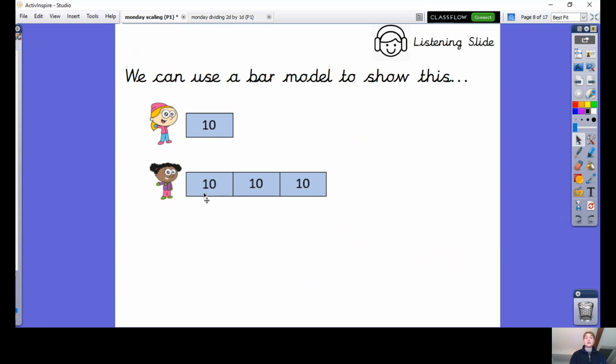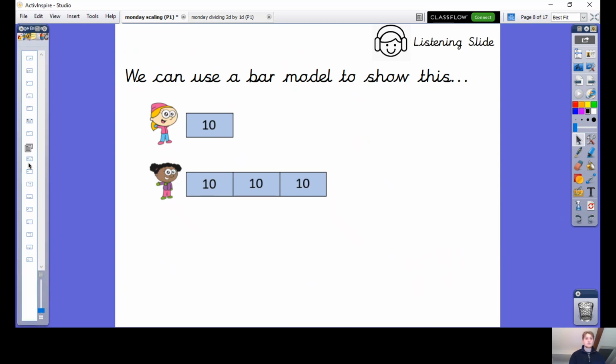Again, she had 3 times the amount of Eva. So we're going to draw out 3 groups of 10, because 3 times 10 is 30. 10 3 times bigger is 30. Okay? Nice and simple.